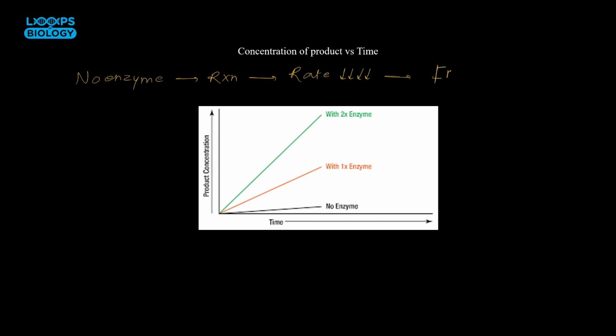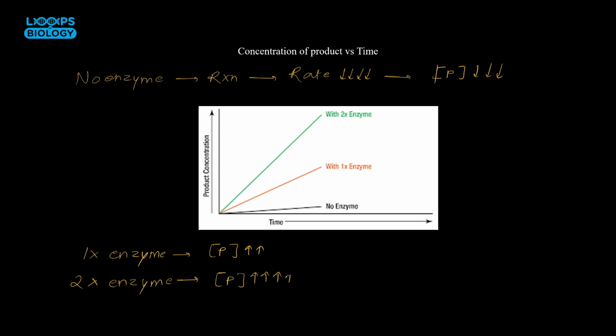That's why concentration of product will be very, very less. Then if I am adding 1x enzyme, then concentration of product is increasing. But however, whenever I am adding 2x enzyme with enough substrate, then product concentration will increase in the same time period.